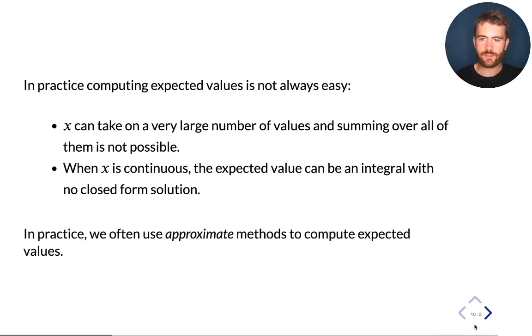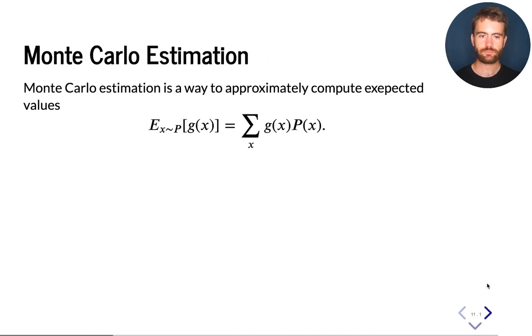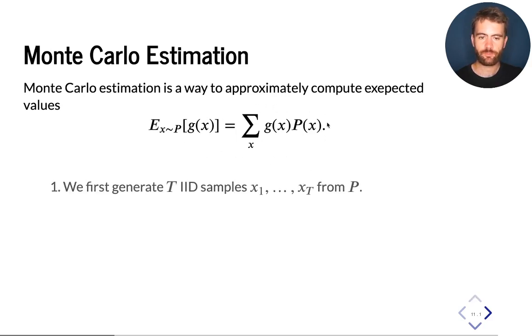In most practical applications, expected values are not computed exactly. They're computed in an approximate way, using approximate techniques. Monte Carlo estimation is one such technique for computing expected values approximately. Let's now look at the definition of Monte Carlo estimation. Again, we are interested in computing this expected value approximately.